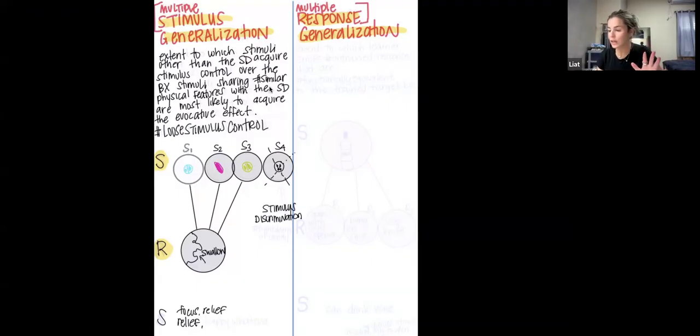But stimulus discrimination is going to be like, but don't do it with the poison ivy leaf. You could do it with the oak tree leaf, but not the poison ivy leaf, right? So that's why you need to have both stimulus generalization and discrimination to fully understand anything. But today we're just talking about the generalization piece, okay? So stimulus discrimination has a tight degree of stimulus control.